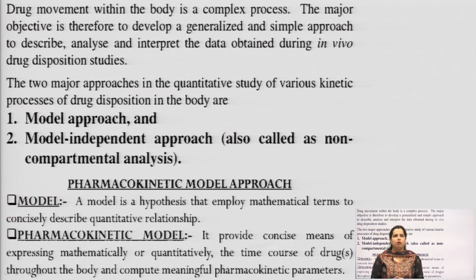The pharmacokinetic model provides a concise means of expressing mathematically or quantitatively the time course of drug throughout the body and computing meaningful pharmacokinetic parameters, because without any theoretical aspects we cannot prove the experimental data.